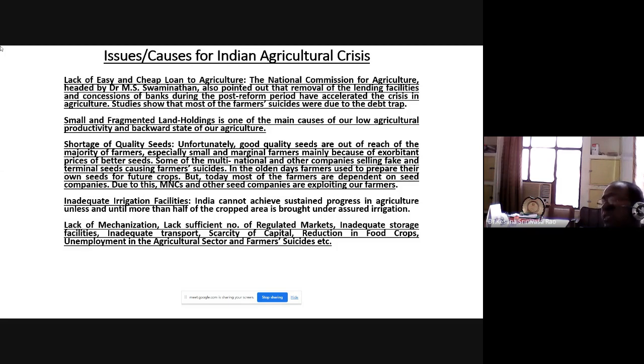These are the major issues of Indian agriculture.